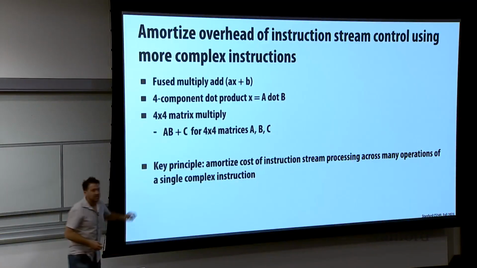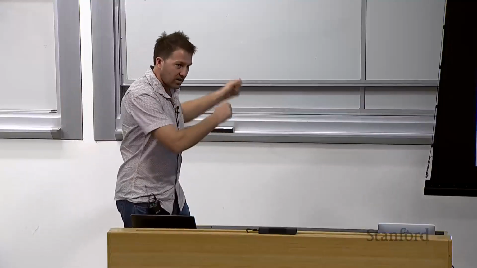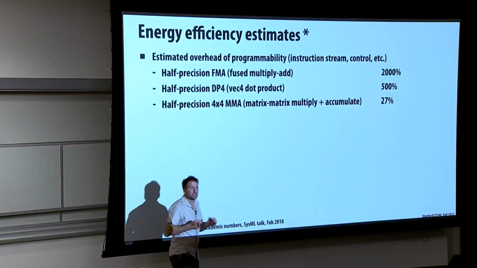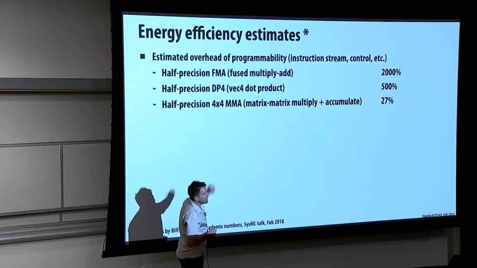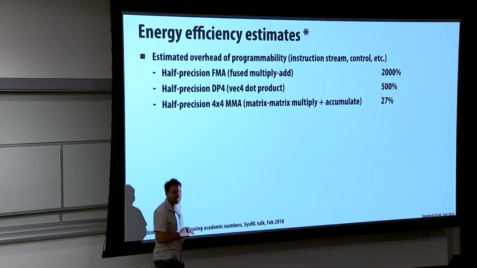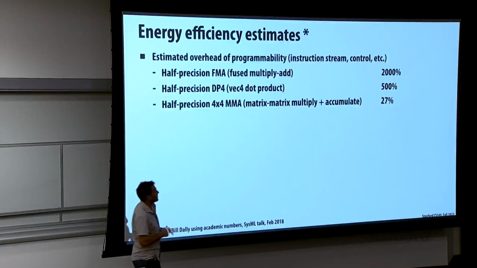Okay? So the key principle here, if you're an architect, is you want to amortize all of the overhead of running a program over the biggest math operations that you can think of. And here are some examples of the magnitude of that overhead and energy efficiency. These are NVIDIA's estimates, so they have a vested interest in making deep learning accelerators like TPUs seem not so efficient.